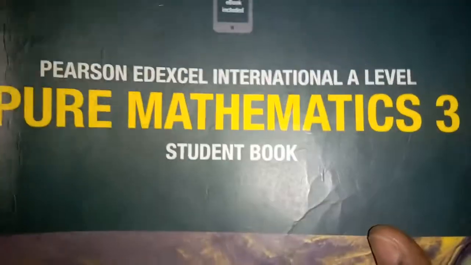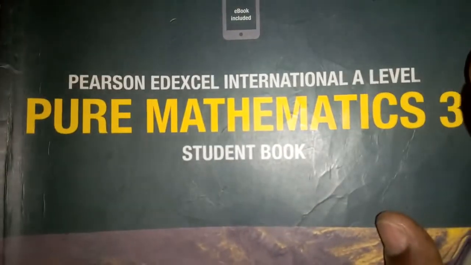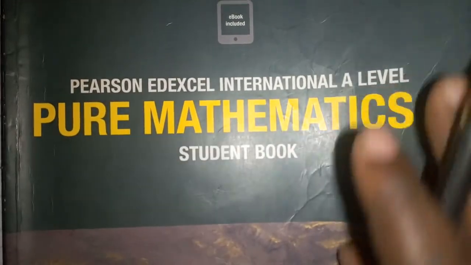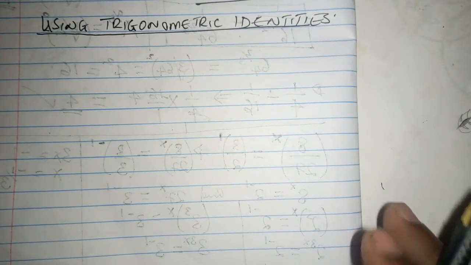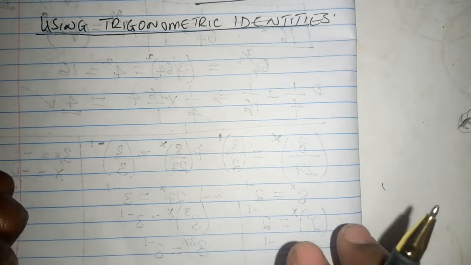Today I want to continue explaining Pure Mathematics 3, and I want us to go directly to chapter number 7 and example 5 under the subtopic using trigonometric identities.